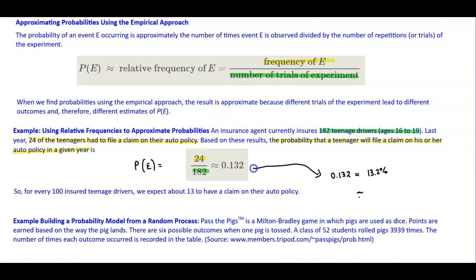So that is approximately 13 out of 100. So that's why it's saying that for every 100 insured teenage drivers, we would expect 13 to have a claim on their auto policy.